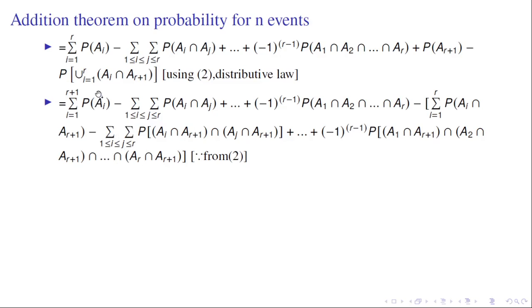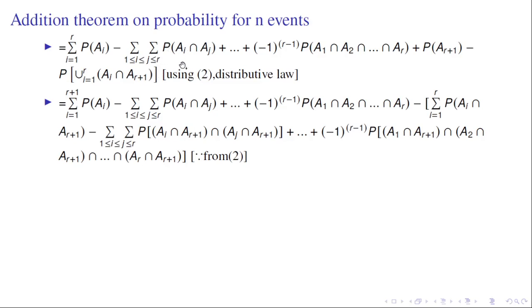So we apply the addition theorem on probability for two events. Up to this, no change. Here i equal to 1 to r, first term, Ai intersection A r plus 1, minus two terms, Ai intersection A r plus 1, Aj intersection A r plus 1, and so on. This is the summation of two terms.